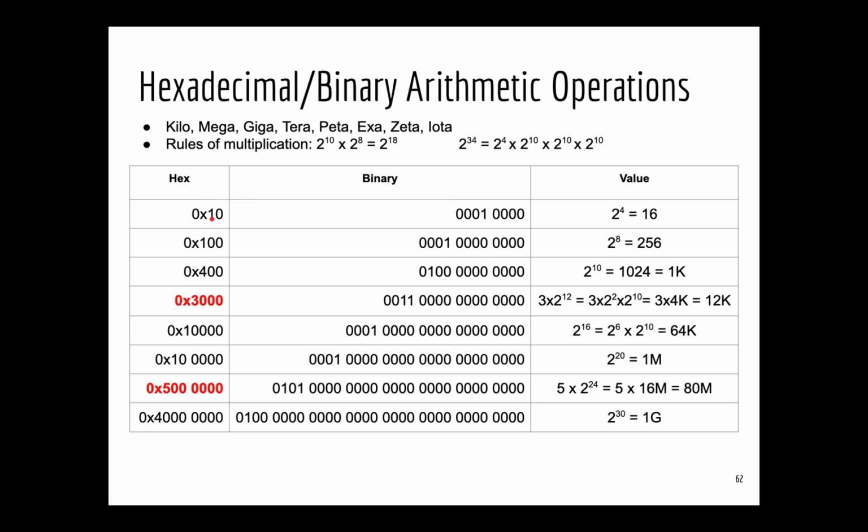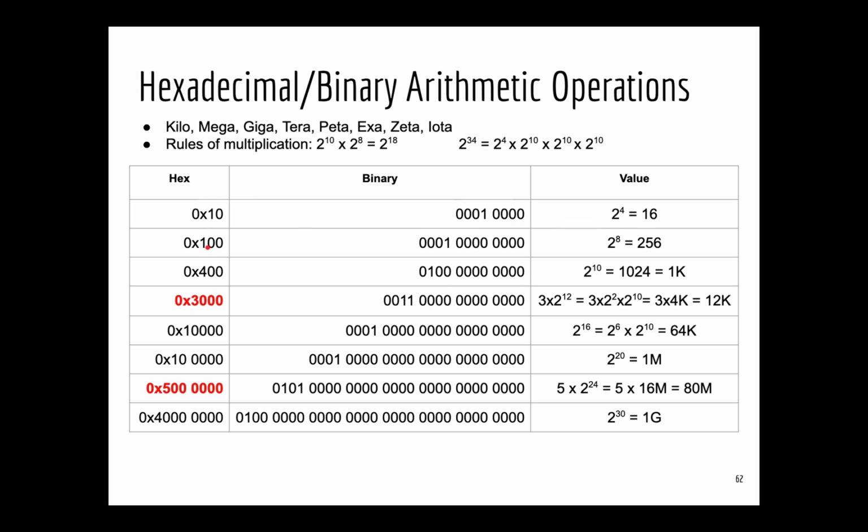The left 1 converts to 0001, and the right 0 converts to 4 zeros. This number has 4 trailing zeros. That means the value of that binary number is 2 to the 4, which is 16.